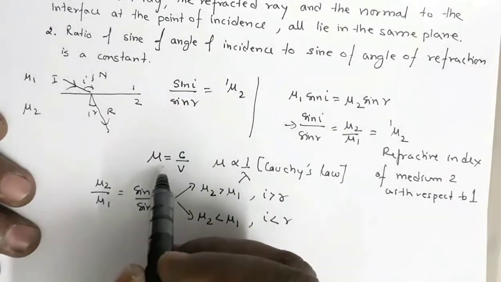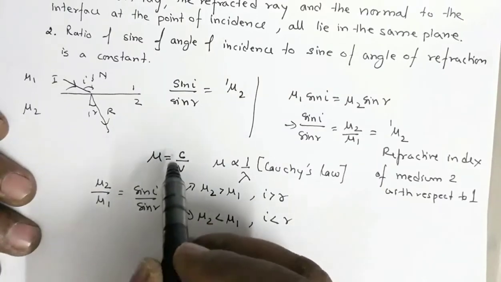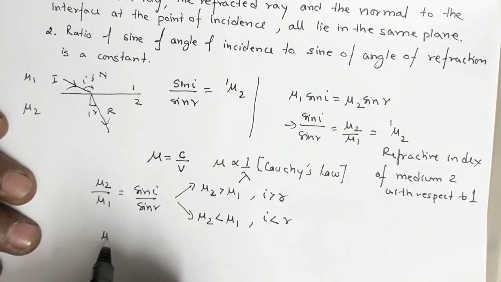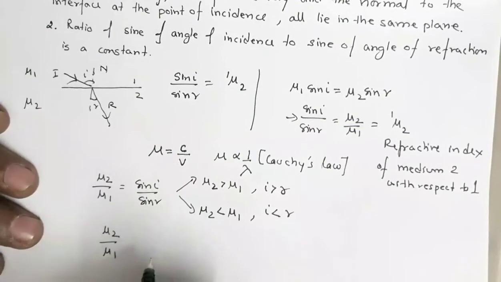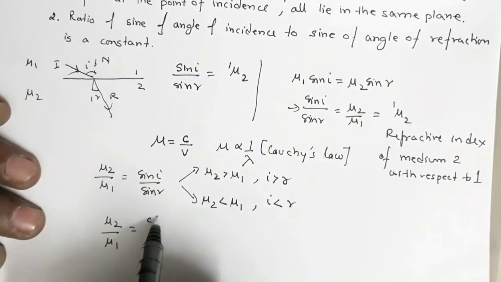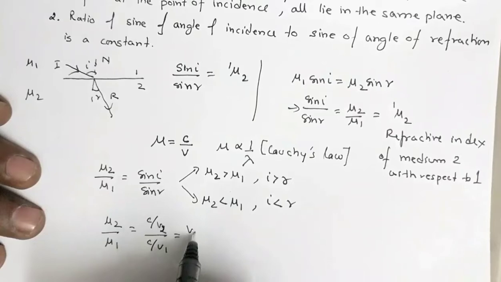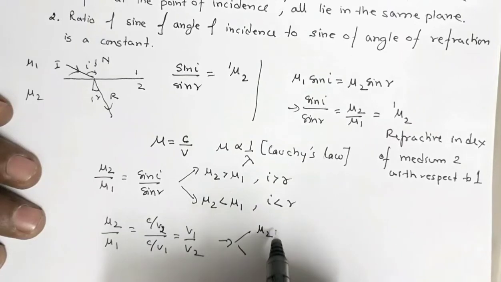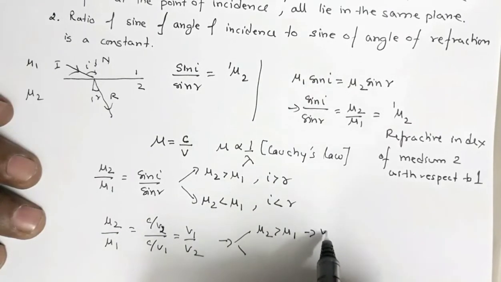Now from this mu is equal to c by v, what do we learn? See, mu2 by mu1, mu2 will be c by v2 divided by c by v1. So that gives v1 by v2. So if mu2 is greater than mu1, that gives v1 greater than v2.